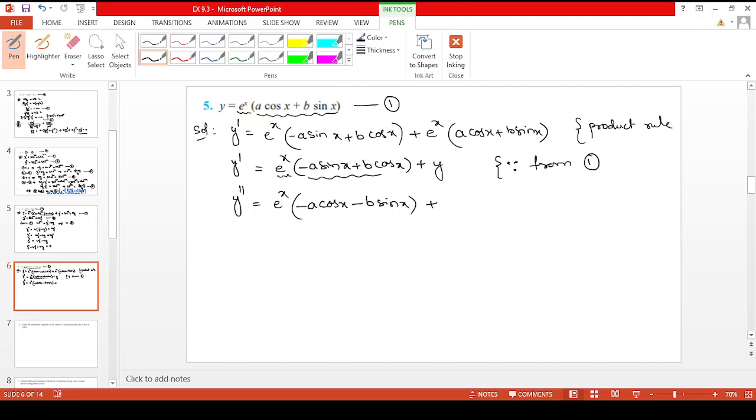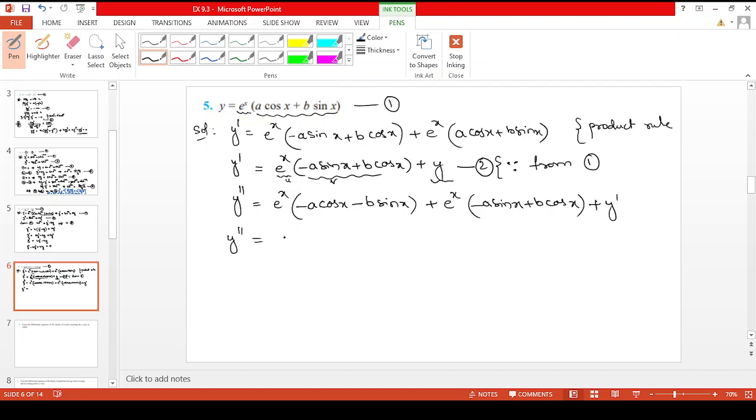Plus, now this is uv dash plus u dash v. u dash means e power x differentiation is e power x, and this one is as it is, a cos x plus b sin x, and plus this term differentiation is y dash. By the way, I am considering this one as equation 2. So here again I have used the product rule.